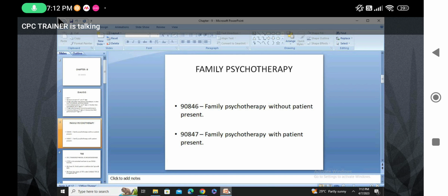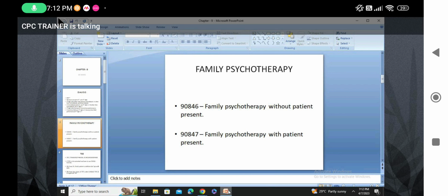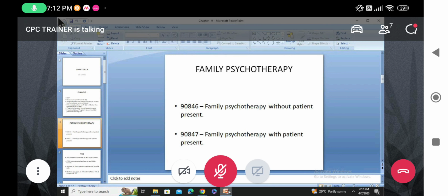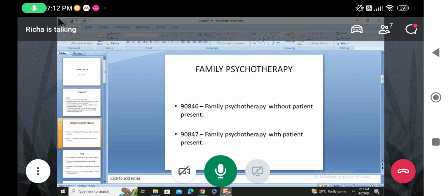In between, the patient is going out. Now do you consider it with the patient or without the patient, guys? Anyone? With patient, with patient.